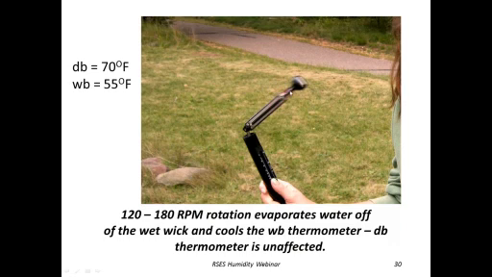And you don't simply do this once for a couple of seconds and read your figures. You do it multiple times until two subsequent readings are the same. That tells you you've stopped evaporating moisture off of that wet bulb and that your dry bulb is also stabilized.